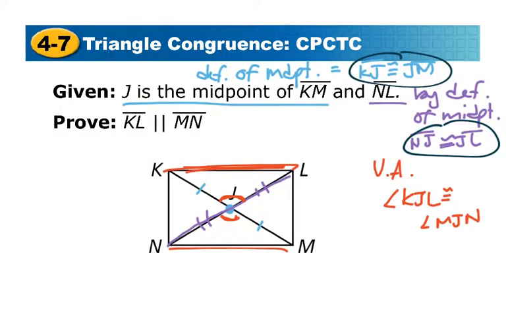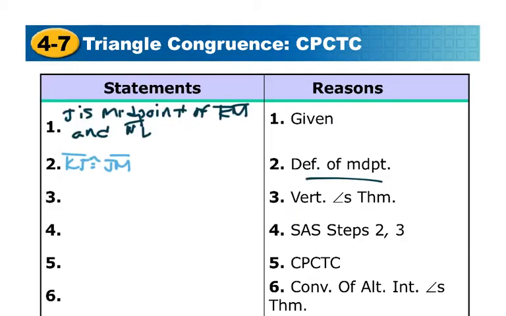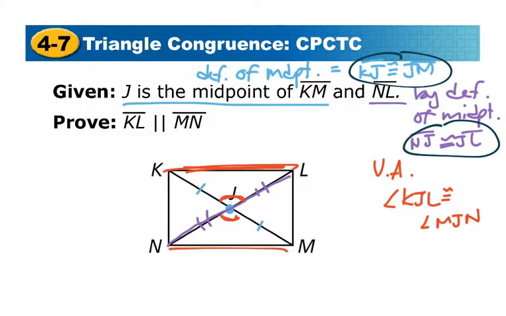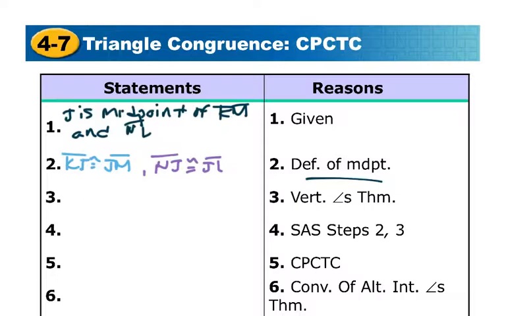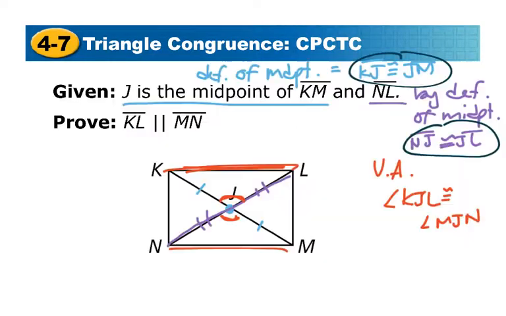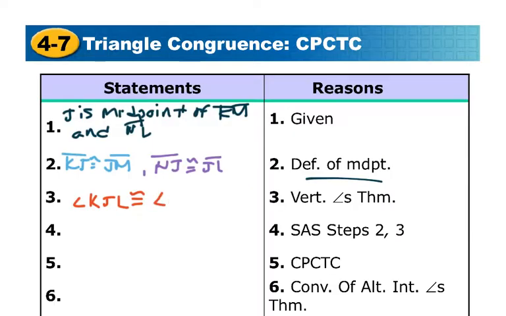And the other set is NJ and JL. Alright, then we have vertical angles, so we already talked about that, and that's going to be angle KJL, and how it matches MJN.